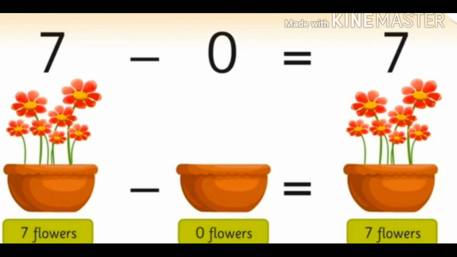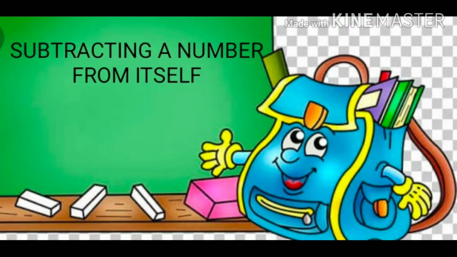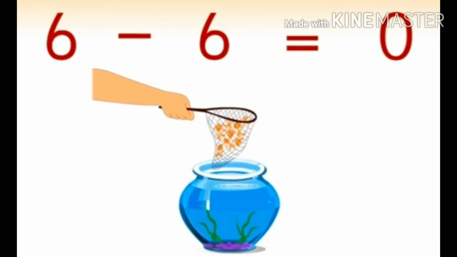Let us learn another concept, subtracting a number from itself. When a number is subtracted from itself, the difference is 0. Let us understand this concept through an example. Suppose I take out all the fishes from the fish bowl, how many fishes are left in the bowl? 0.